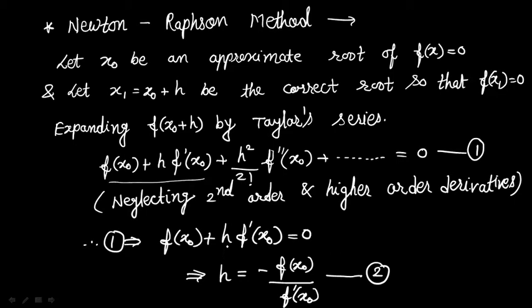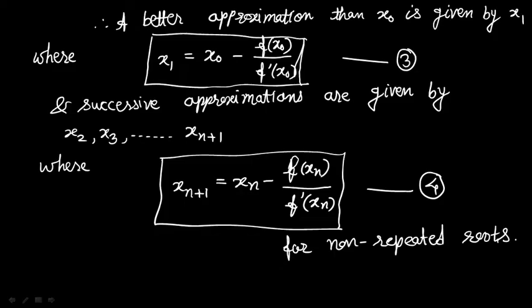and from this we find the value of h equal to minus f of x naught upon f dash of x naught. Now we substitute this value in the equation x1 equal to x naught plus h. Instead of h we substitute minus f of x naught upon f dash of x naught.